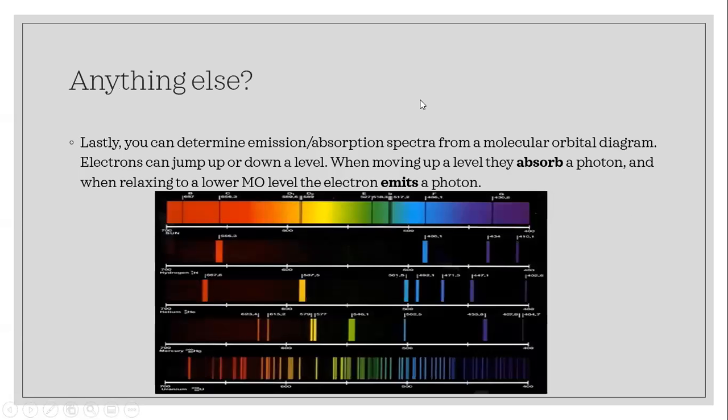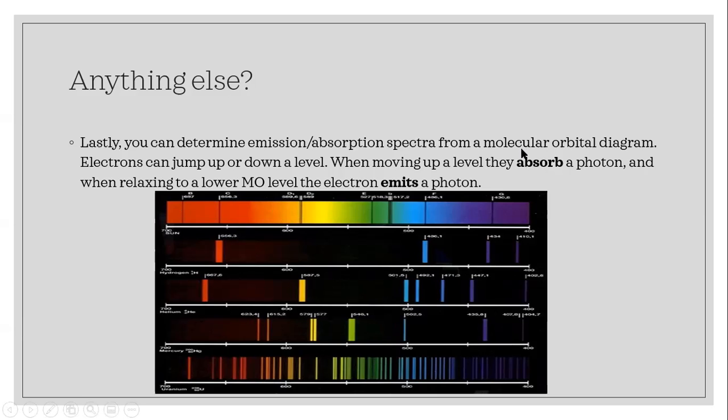So, anything else? What else can you get from this? You can determine emission and absorption spectrum looking at a molecular orbital diagram. As you know, your electrons can jump up or go down a level. What we remember from emission and absorption depends on whether you absorb or emit a photon. When an electron jumps up a level, it's absorbing a photon.